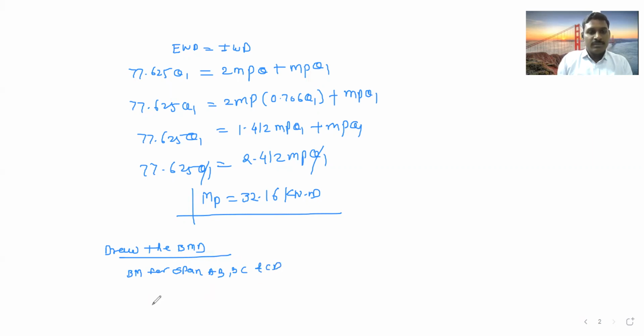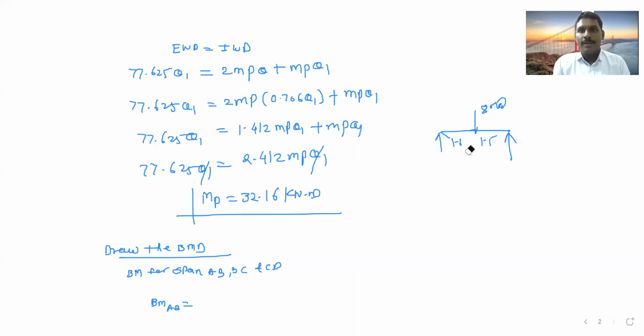So BM for AB is equal to, the AB span, we have to consider as a simply supported beam. General bending moment we have to calculate. It means this is a simply supported beam, this is 80 kilonewton load, 1.5 meter is the span. Like this we have to consider all the supports as simple and calculate.